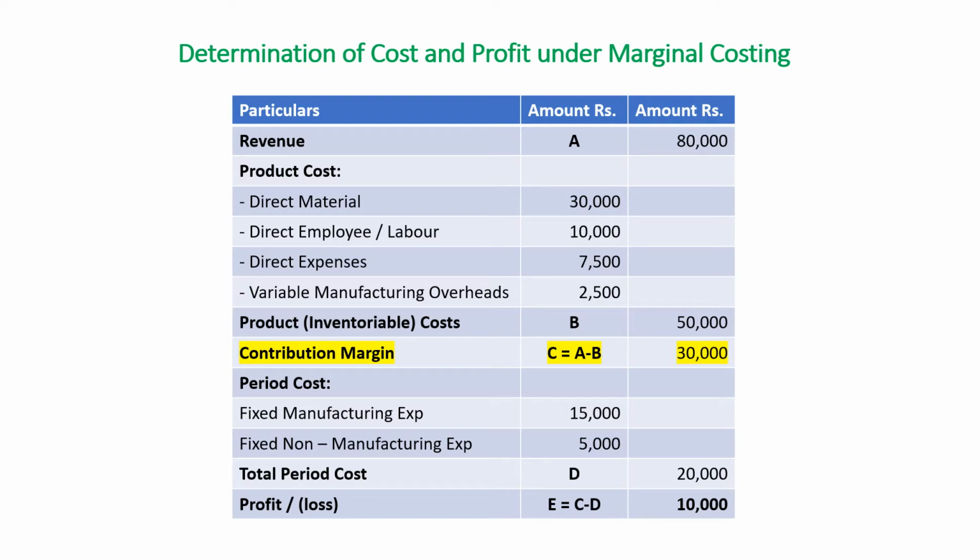So when we reduce 20,000 of period cost from contribution margin 30,000, what we get is profit. If you observe here, contribution is higher than period cost, so we got 10,000 profit. Suppose if contribution is less than period cost, then we get into loss.